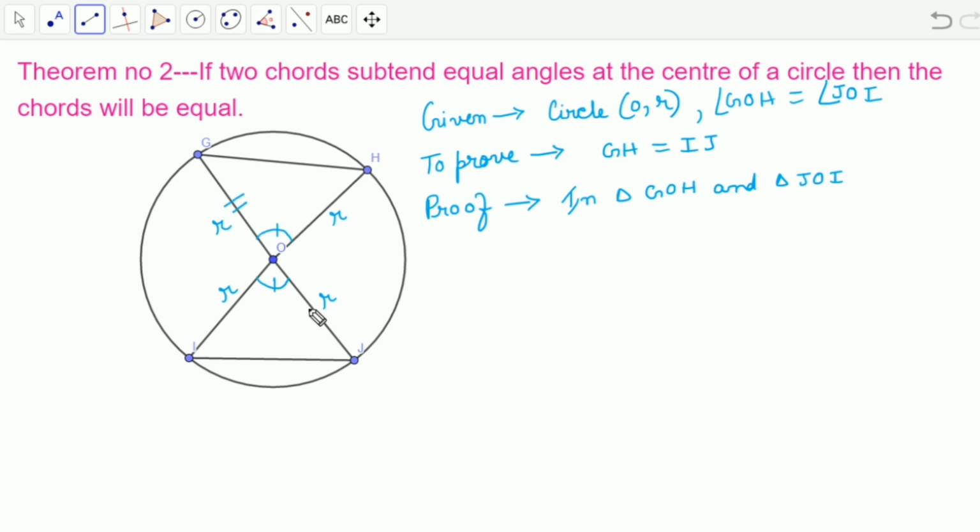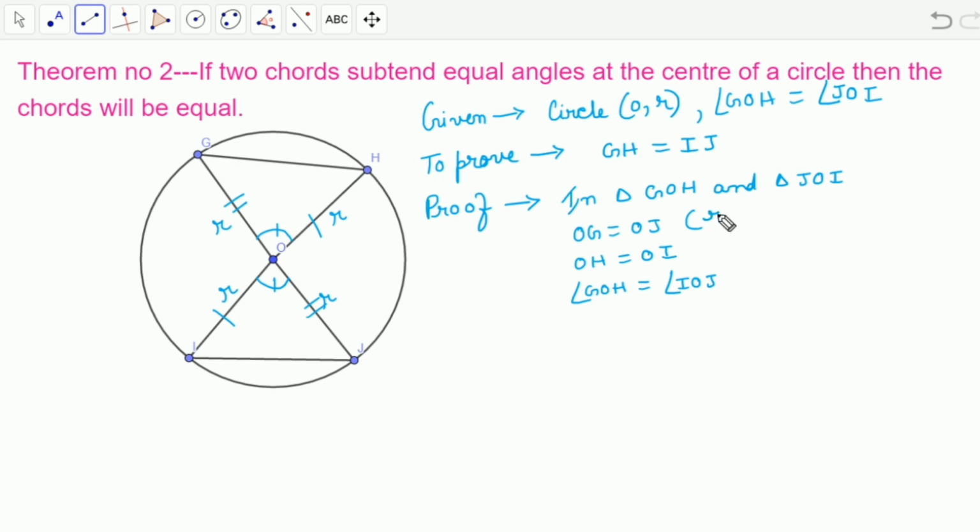So again, this side is equal to this side, and one angle is equal. So OG is equal to OJ, OH is equal to OI, and angle GOH is equal to angle IOJ.